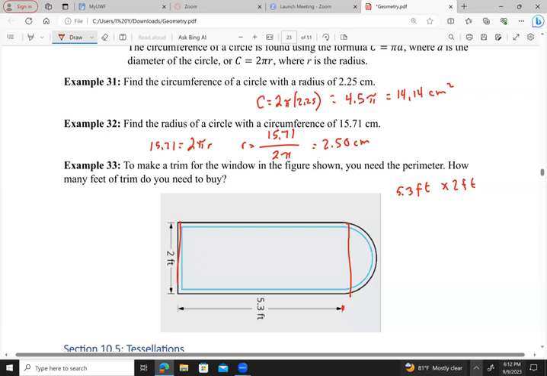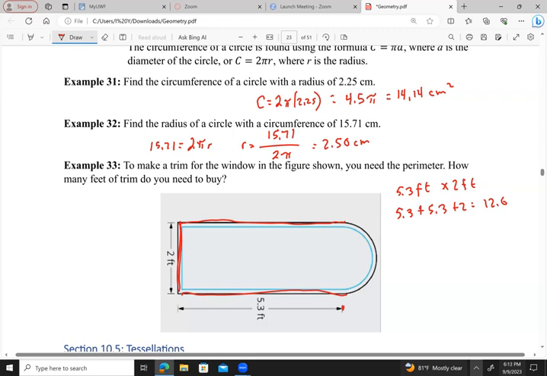So the rectangular portion of this, we're going to have 5.3 here, 5.3 here, and 2 feet there. So we can simply not bother with the formula. Add, not multiply. That gives me 12.6. We don't need this part here because that's not trimmed.